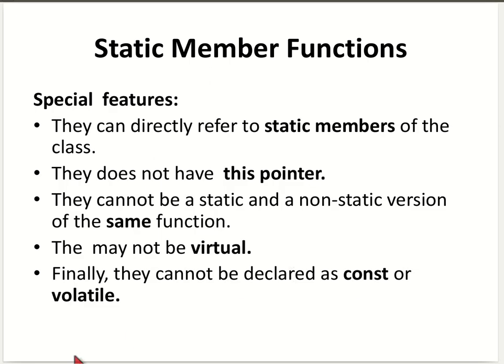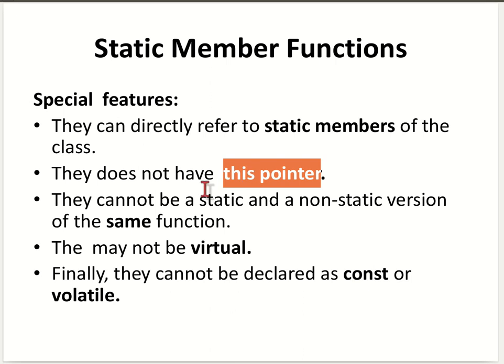We can directly access the static members, and they do not have a this pointer. Inside this function, there is no object pointer. The this pointer points to the current object, so a static member function will not be using any current object pointer.